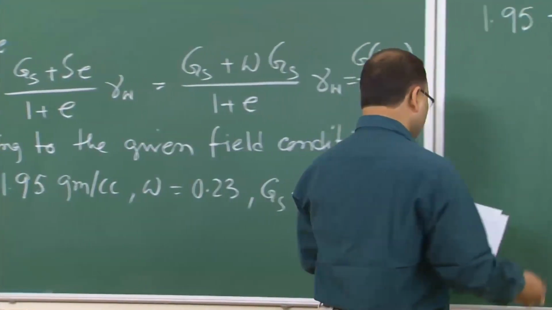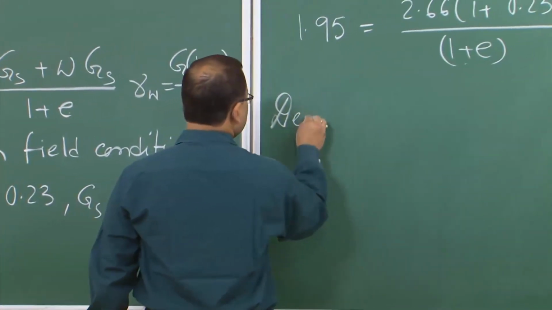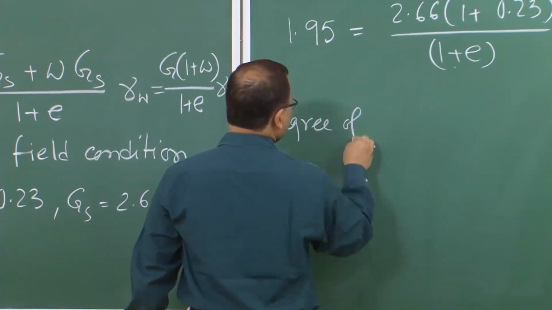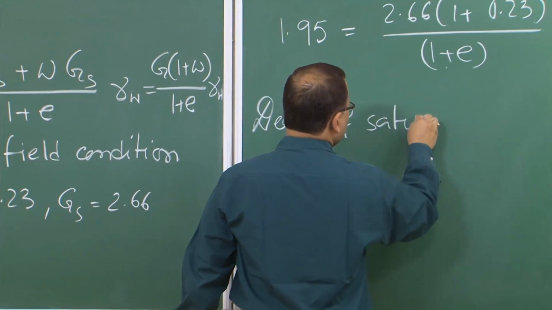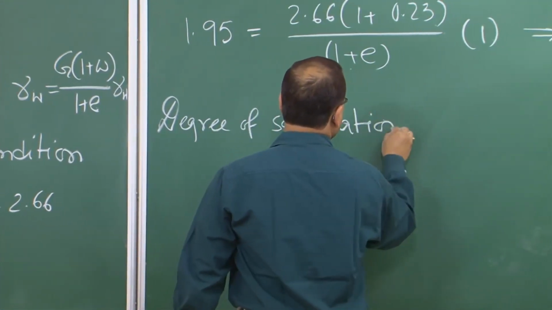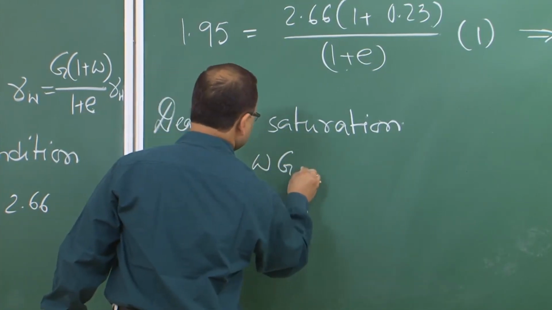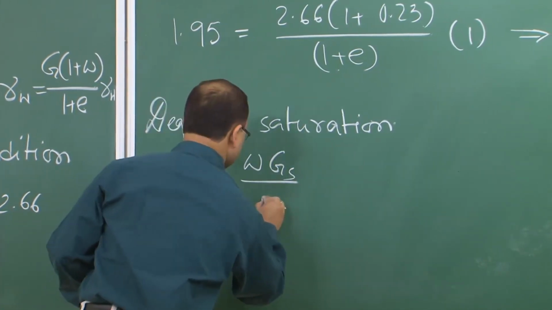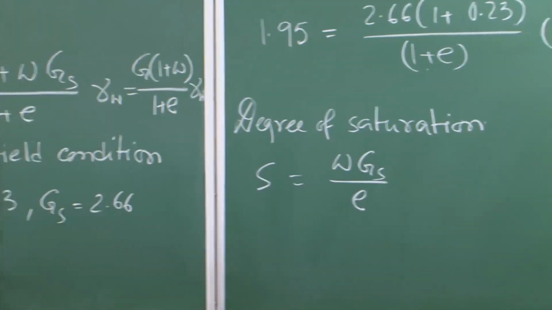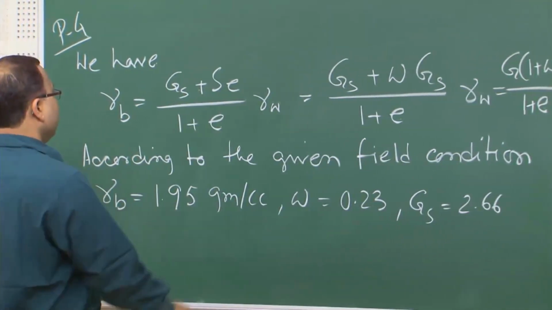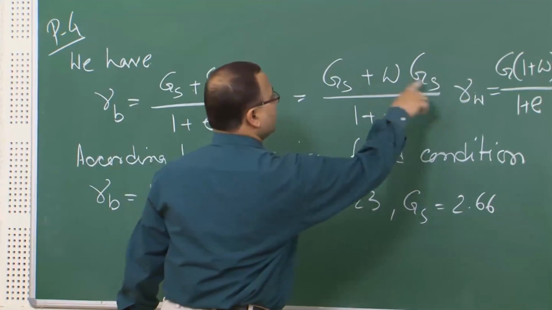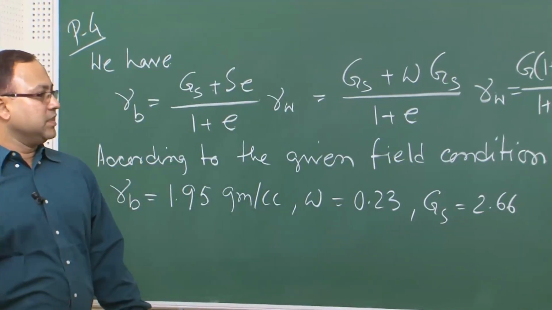Therefore, the degree of saturation S can be written as, already we know from our definition, S e is equal to w into Gs.